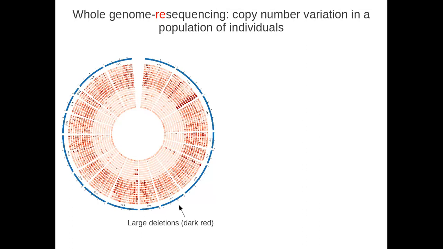This is what we call a Circos plot that shows 20 different sample genomes. Each pink semicircle here is a separate genome, and where you see dark hatch marks is a place where a region of the genome is deleted in one of the sample genomes relative to the reference.